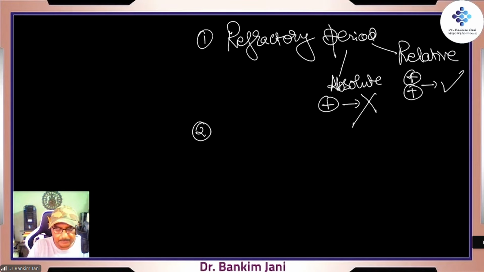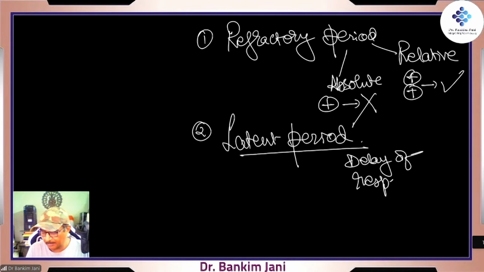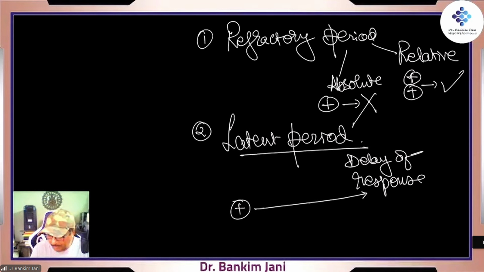The second word is the latent period. Latent period, in simple words, is nothing but delay. Latent period is delay of response. It means you have generated the signal, and then you are getting the response.